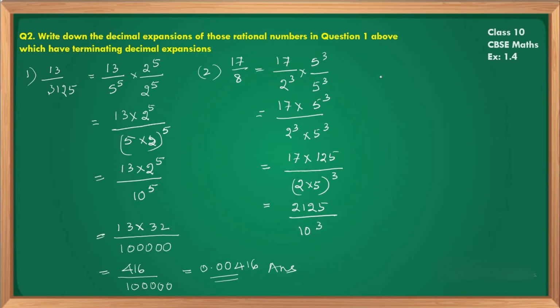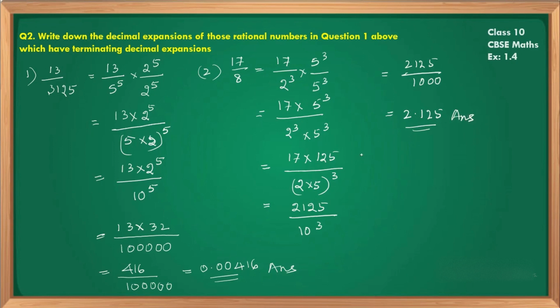Now this can be written this way: 2125 divided by 1000. Count the number of zeros. We have 3 zeros here, and now count 3 places from the right, 1, 2 and 3, and then put the decimal. Thus you get 2.125 as our answer.